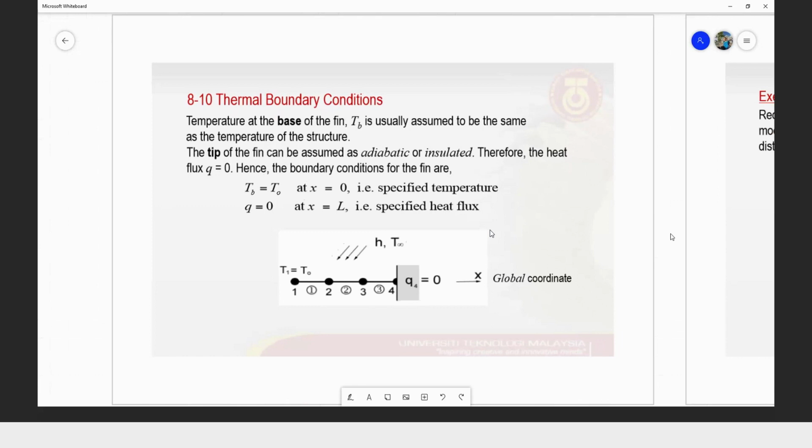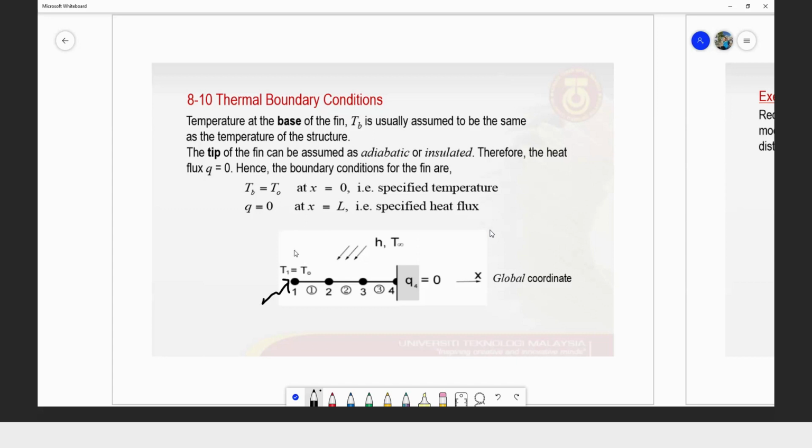The hot object will be attached there so that the heat released from the main body is enhanced by adding this fin. So in that case, we know at least at one end of the fin the temperature, which is given by T base or T1 or T0 in these slides.